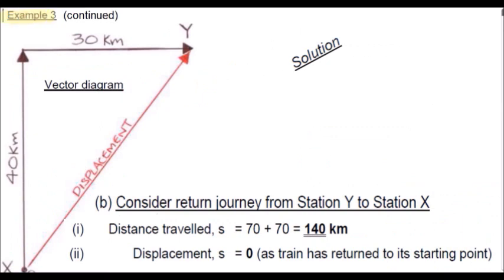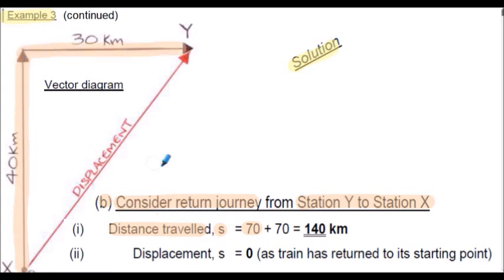Example 3, solution continued. Part B, we're now considering the return journey from station Y to station X. So now the distance travelled S is actually 70 kilometers for the outward journey from X to Y, and of course it's 70 kilometers for the return journey from Y to X. So the total distance travelled is 140 kilometers.